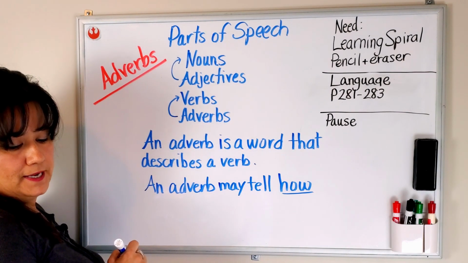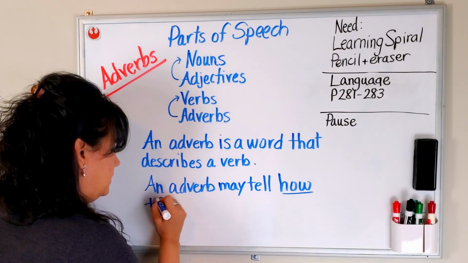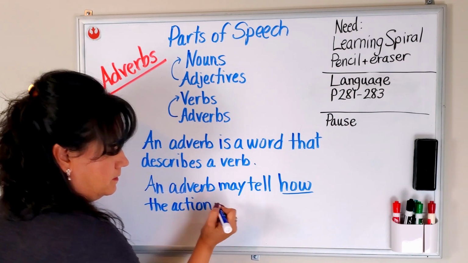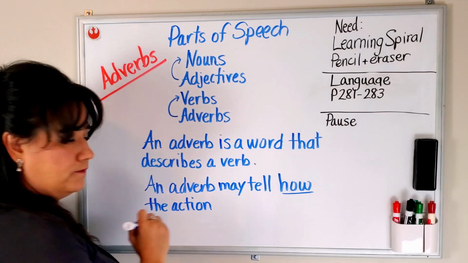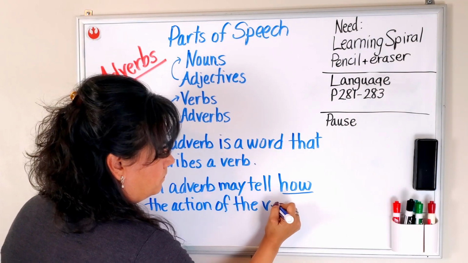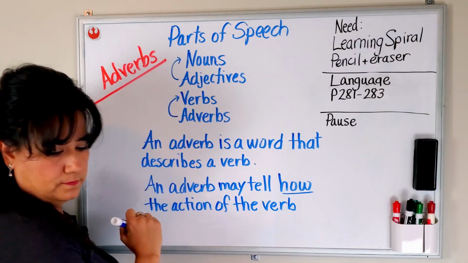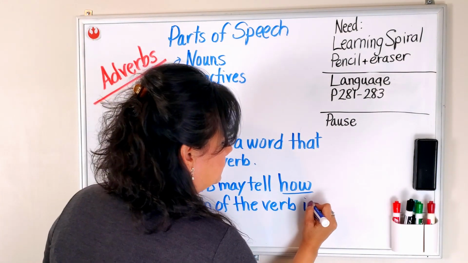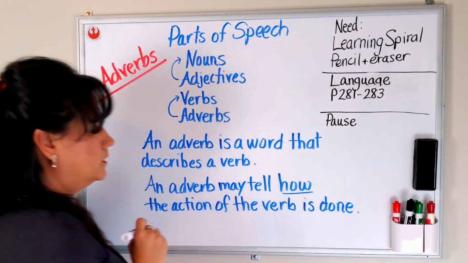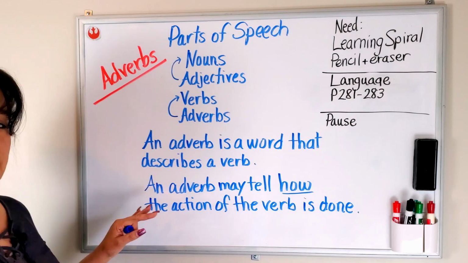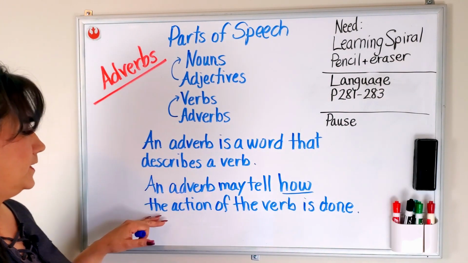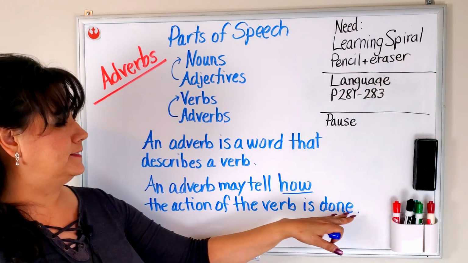An adverb may tell how the action of the verb is done. So the second sentence is an adverb may tell how the action of the verb is done.